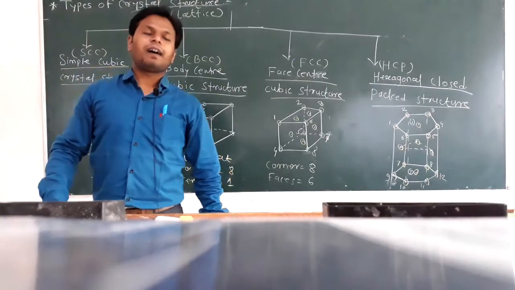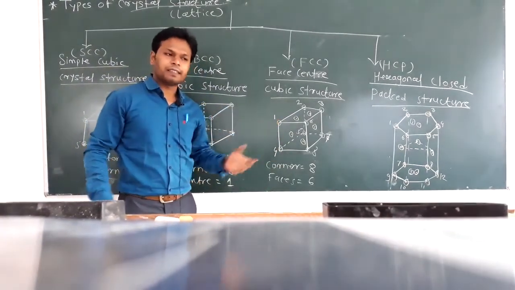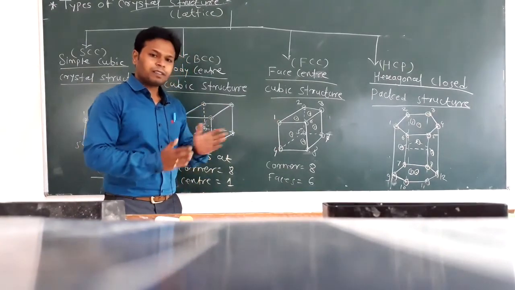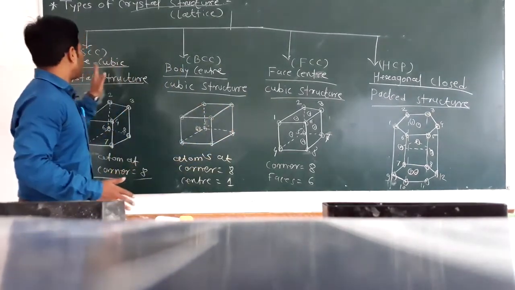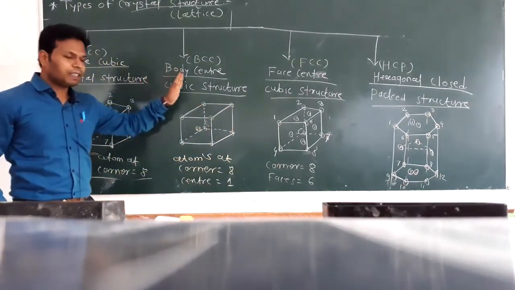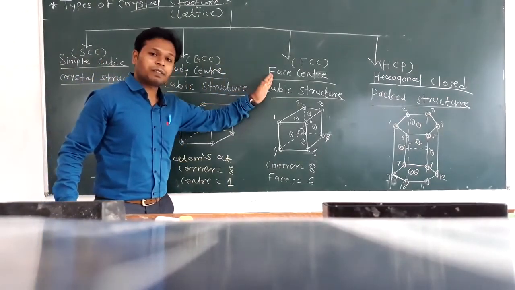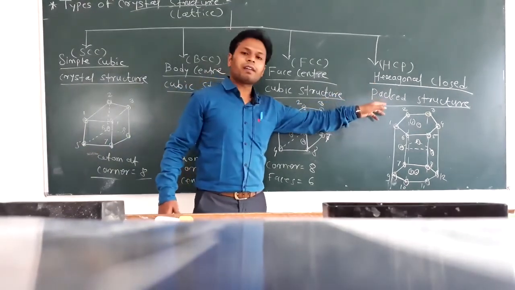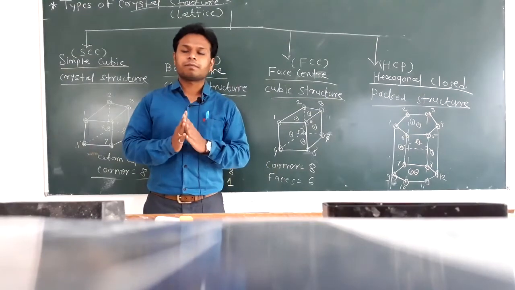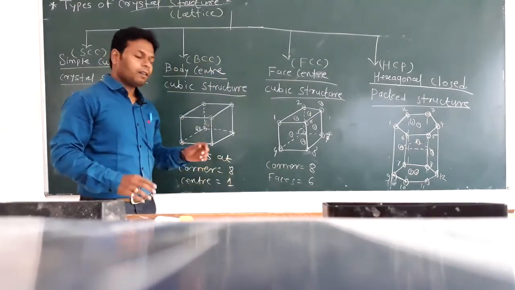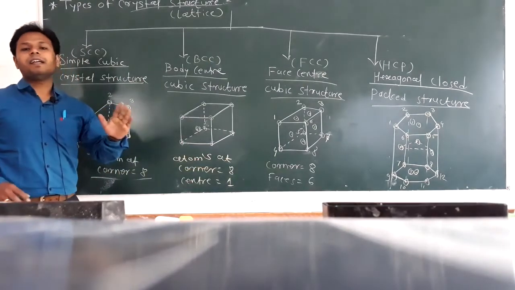Okay, very simple phenomenon in this crystal lattice. Why do we learn all 4 types of crystal lattice? Because each type of crystal lattice, the simple cubic structure, body center cubic structure, face center cubic structure and hexagonal close packed structure, has different specifications. The examples of these 4 types are very different.